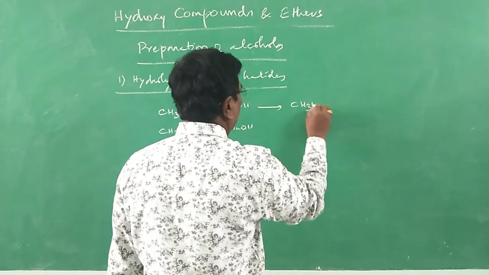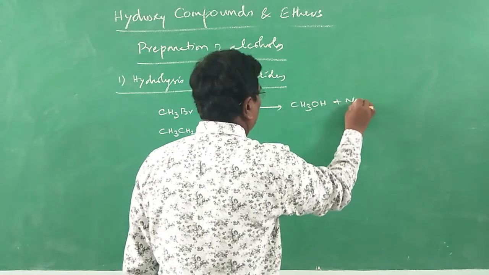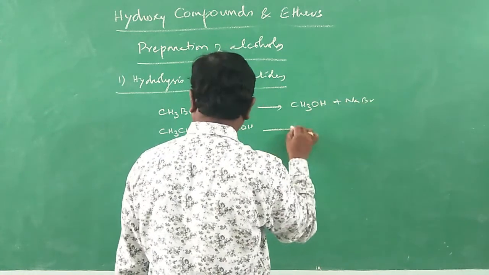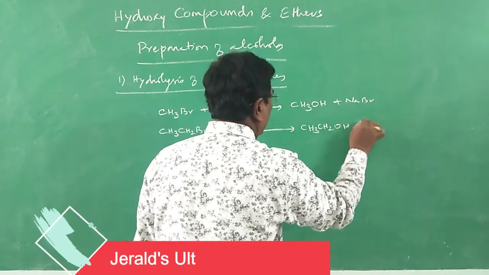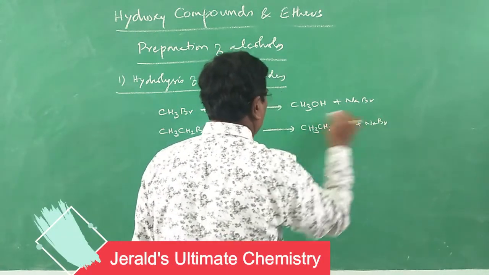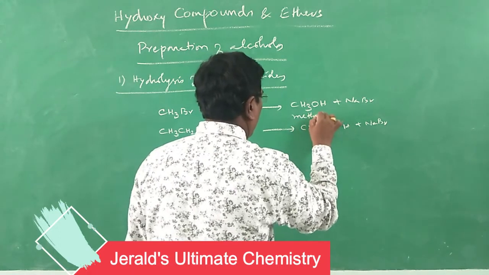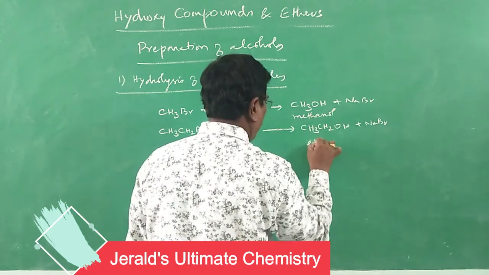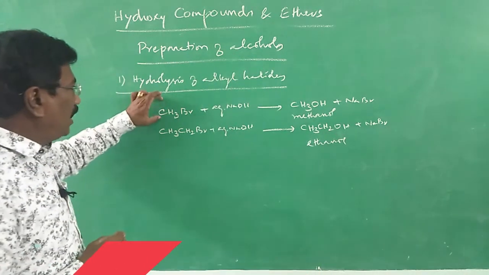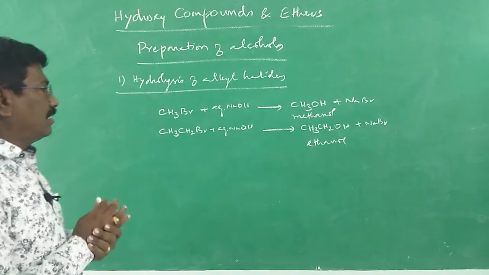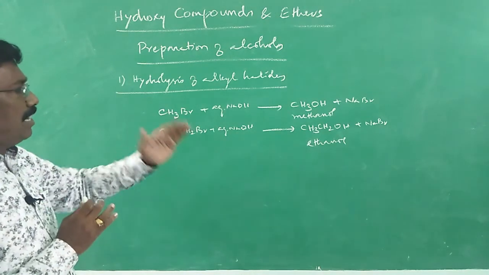We will be getting methanol plus NaBr. We will be getting ethanol plus NaBr. When an alkyl halide is made to react with aqueous sodium hydroxide, methanol and ethanol are formed.